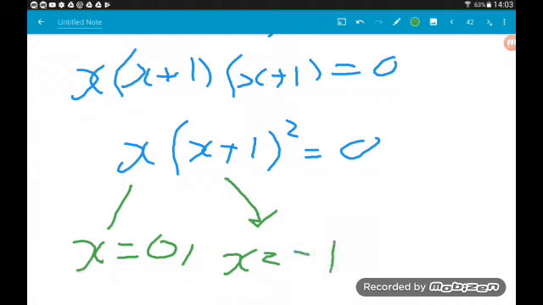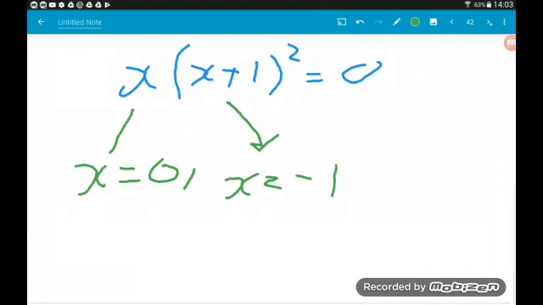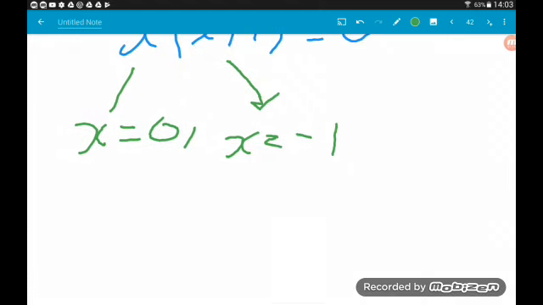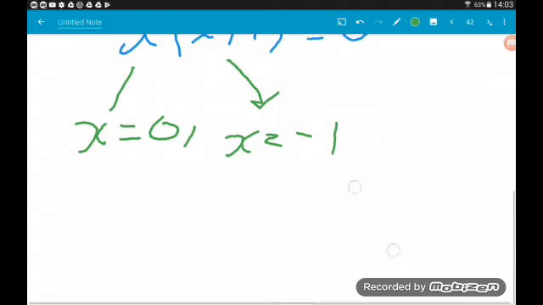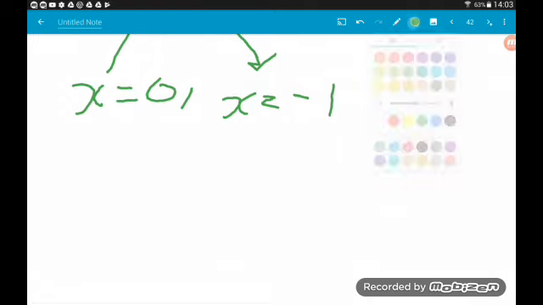Like that. So, what's this graph going to look like then? Well, it's a positive x cubed, called our cubic.